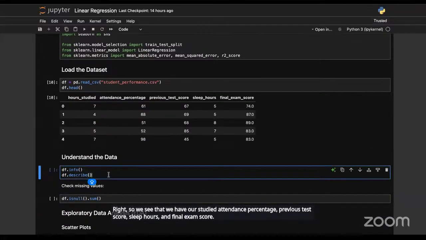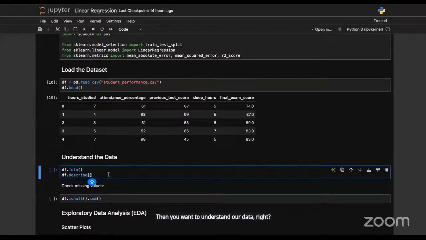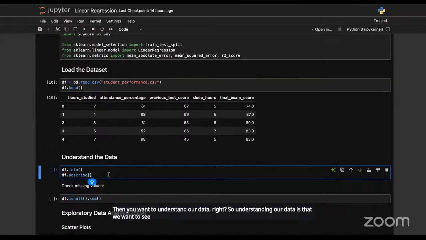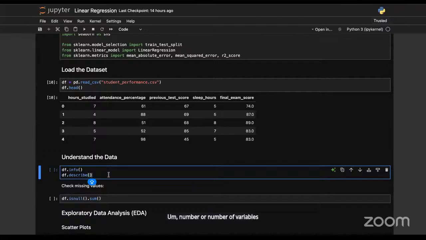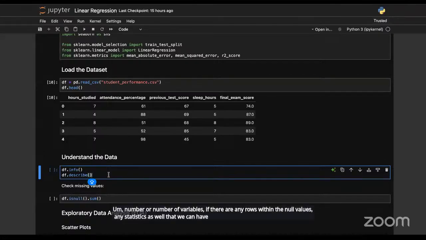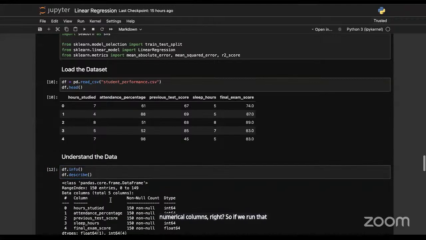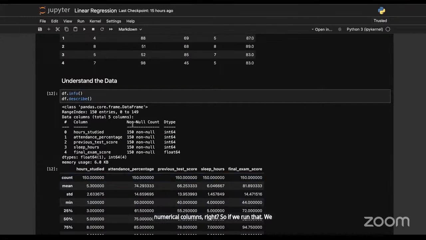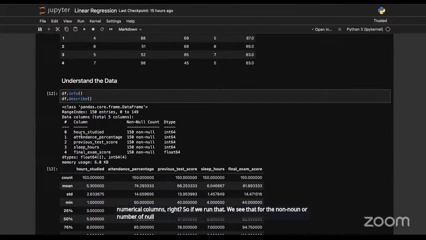Then we want to understand our data. Understanding our data means we want to see the number of variables, whether there are any rows with null values, and any statistics we can have, like the mean, the average of our numerical columns. If we run that, for the number of non-null values in each of our columns, we have 150 non-null values.